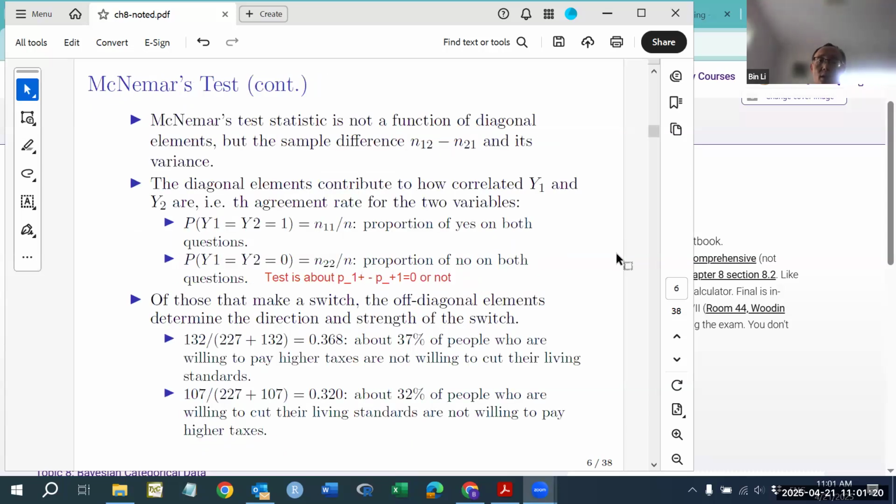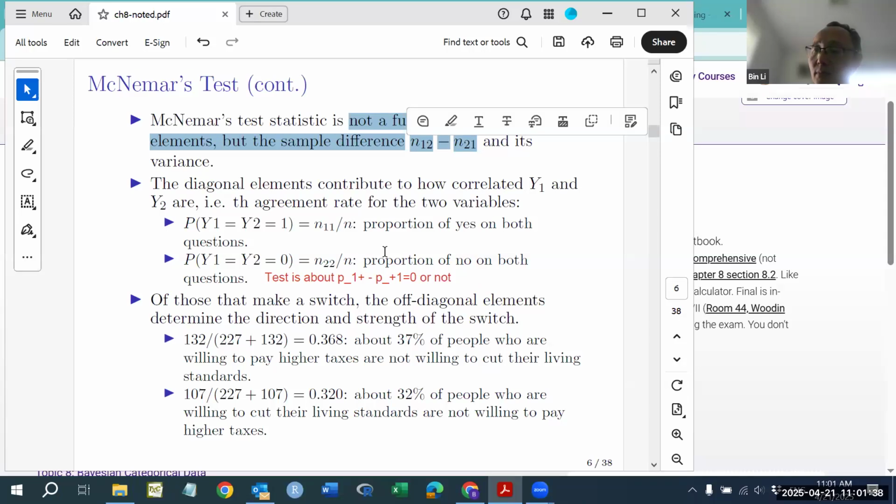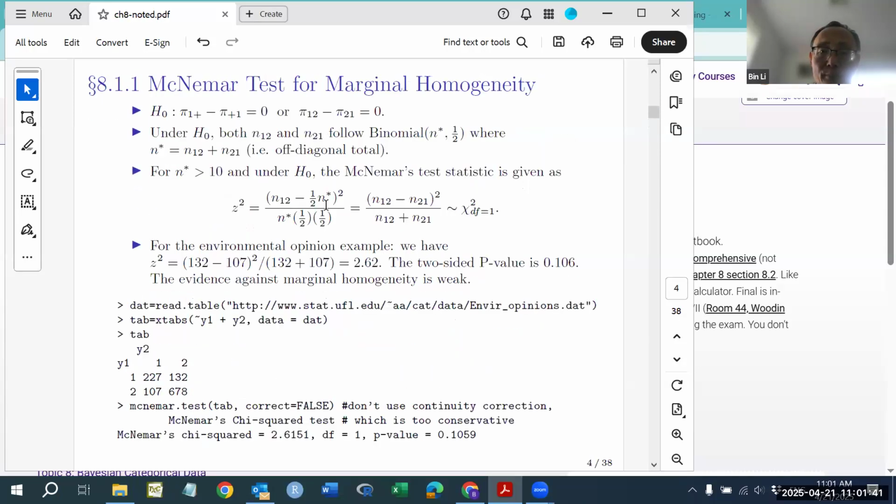Okay. So the McNemar test and also the confidence intervals, you can see these are not a function of the diagonal elements, but a function of the sample difference. You can see the McNemar test only involves the n12, n21.